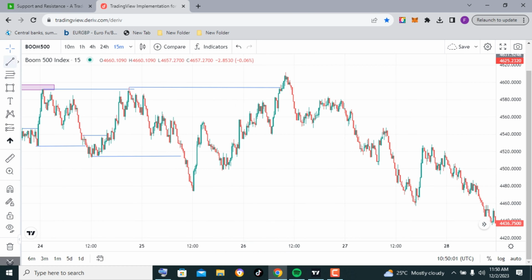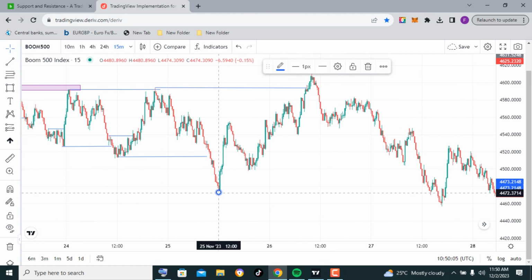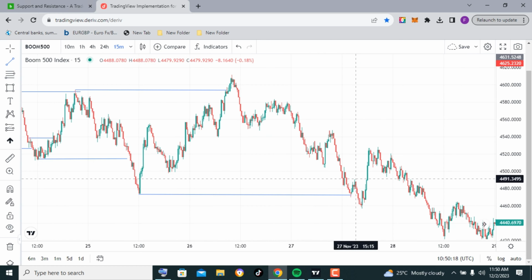So what happened here, guys, is price finally took out this low. Price finally took out this low, creating this inducement over here.